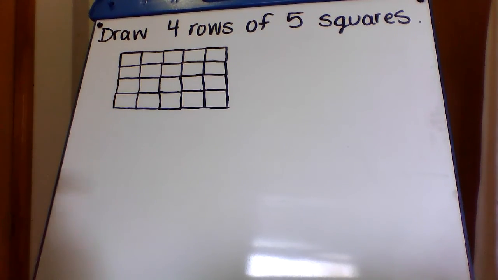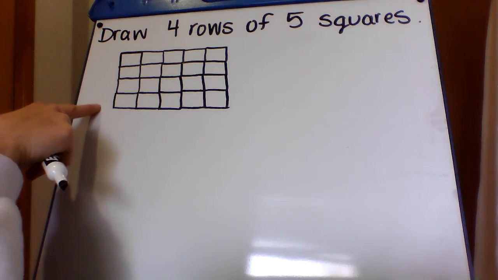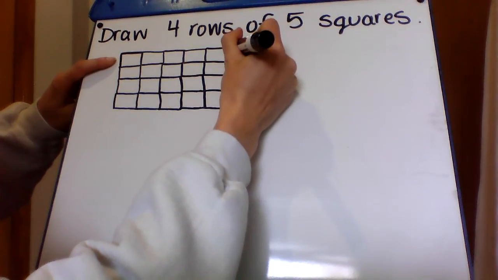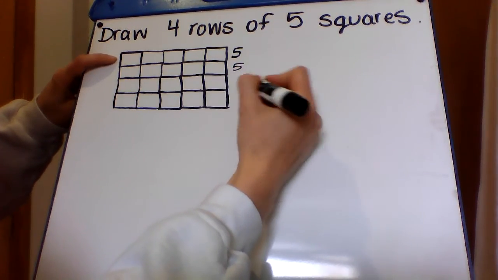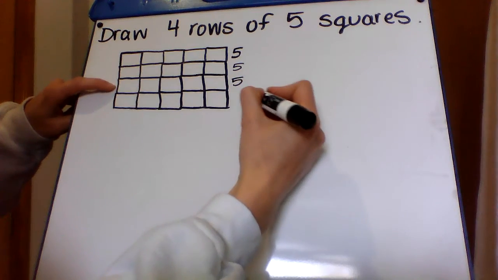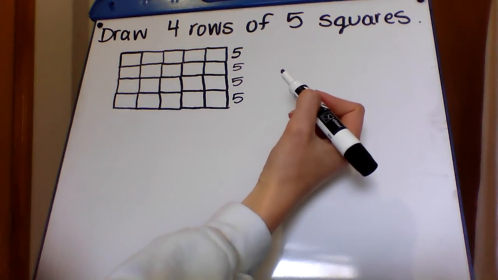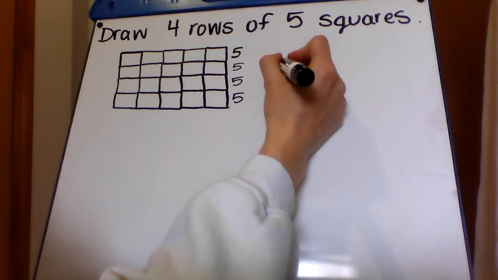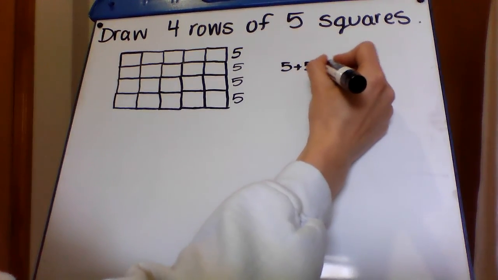So now I want you to write a repeated addition sentence. So you have 4 rows, and in each of your rows, how many squares are there? So you would write, well, there's 5 squares here. There's 5 squares here. There's 5 squares here. And there's 5 squares here, or 5 tiles. So let's make that into a repeated addition sentence, just so we can see it.